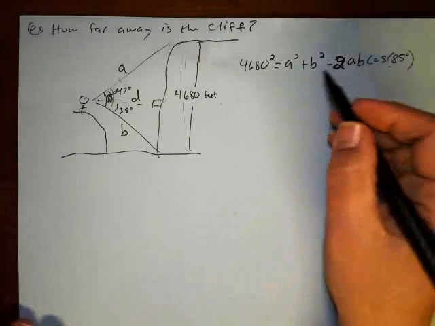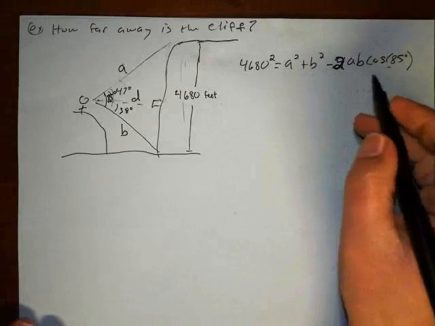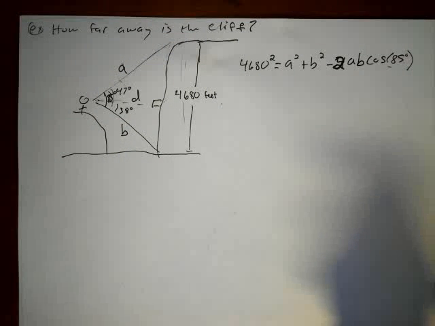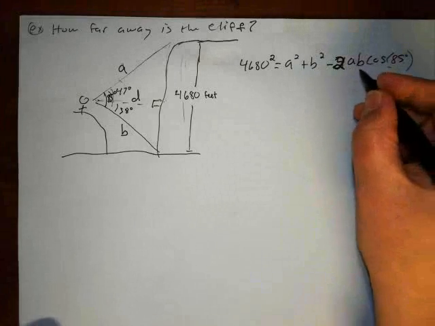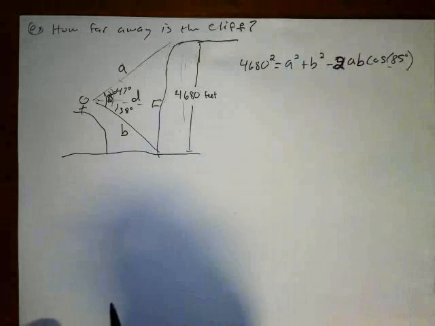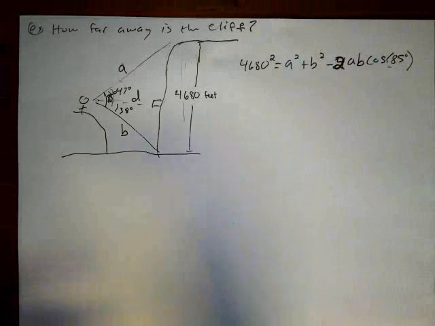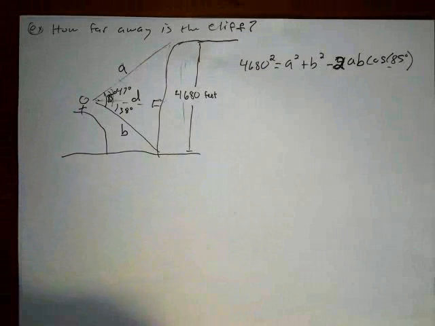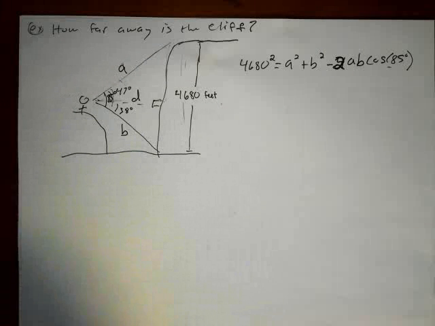Now how in the world can this help me find D? Well, it can't, really. But when you have several variables going on, oftentimes it's helpful to find other relationships and substitute them in, and use other relationships together to solve a problem.